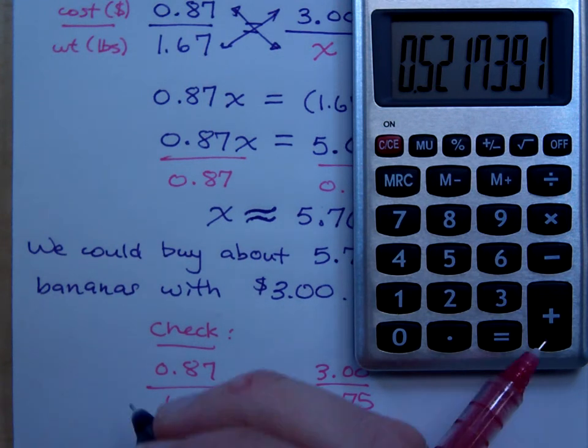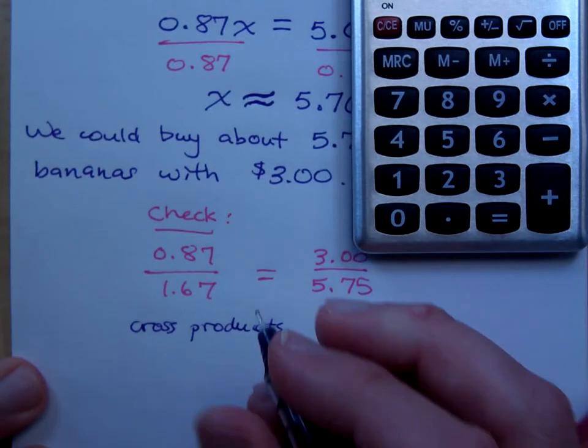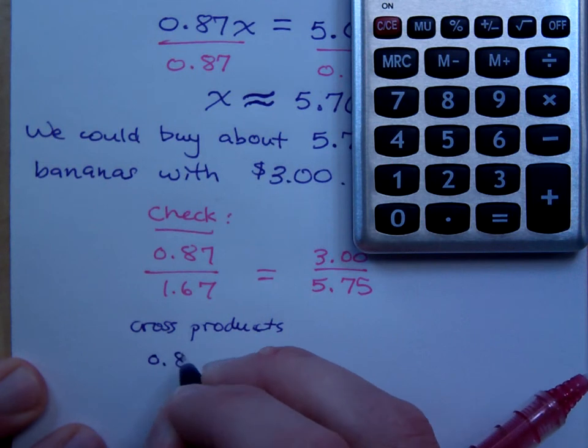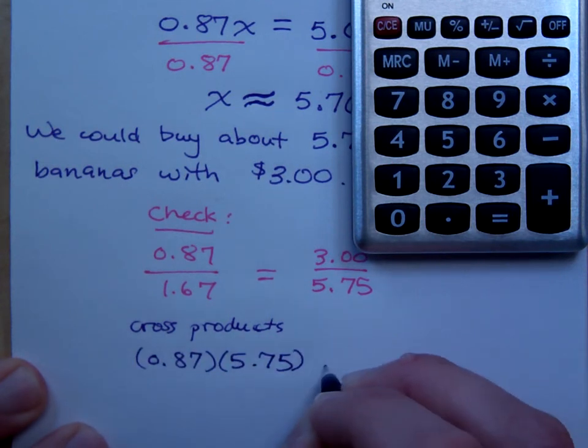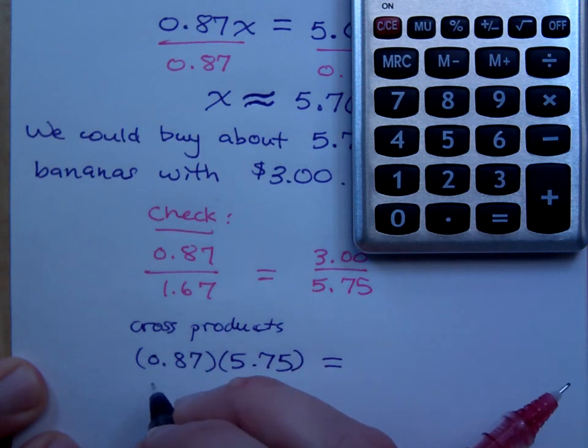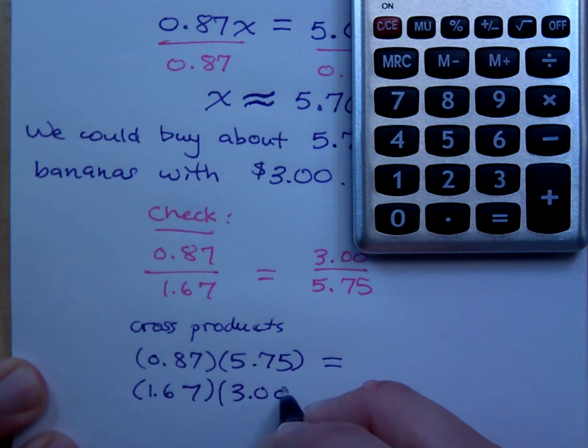If you check the cross products, is 0.87 times 5.75 equal to the same number you'd get from doing 1.67 times 3?